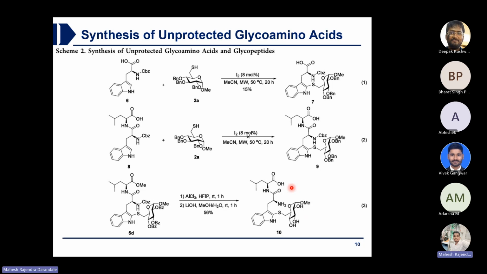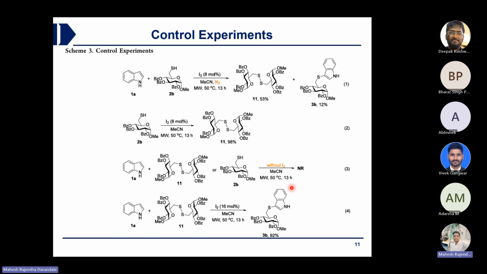Now all the things are done, like they have tried with the glycopeptides, they have tried with the different types of indoles, sugars. Now they wanted to see the mechanism of this method, so that they did some control experiments. In this control experiment, they have taken this 1A as an indole, 2B, which is a thio sugar, in the presence of iodine 8 mole%, acetonitrile, microwave 50 degrees Celsius.